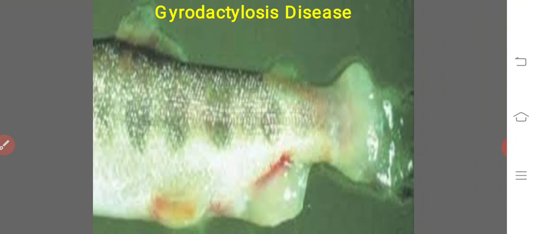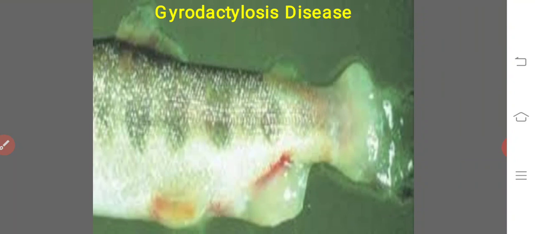The parasite lives on fins and on the body of the fish. The symptoms are: the body is more slimy, damage of fins, and fading of the body color. The infection can be controlled by giving the fish a bath in formalin for a short duration.